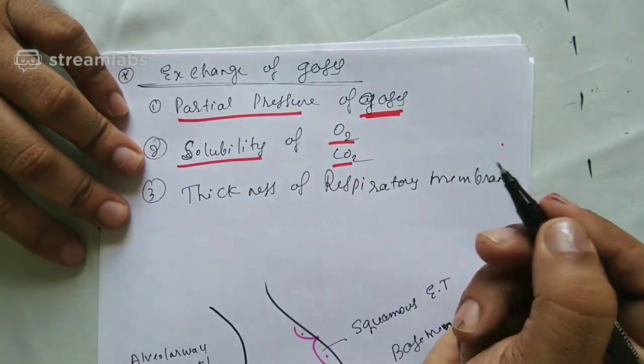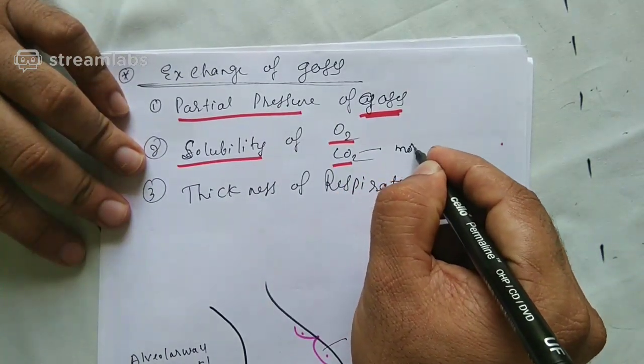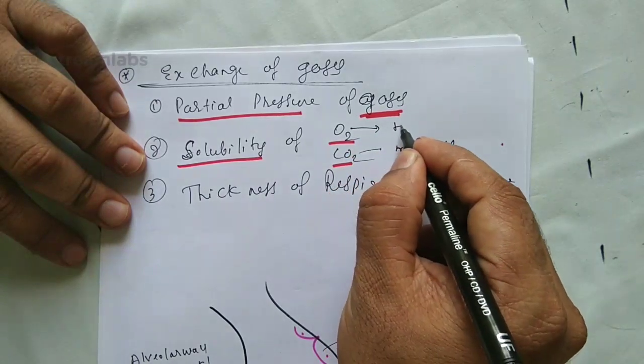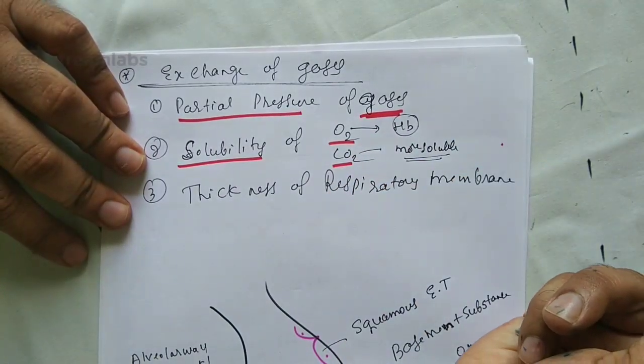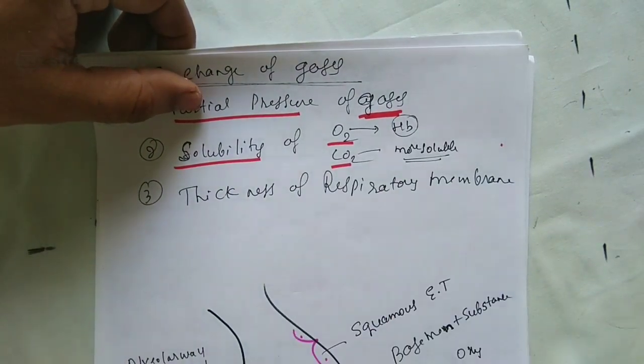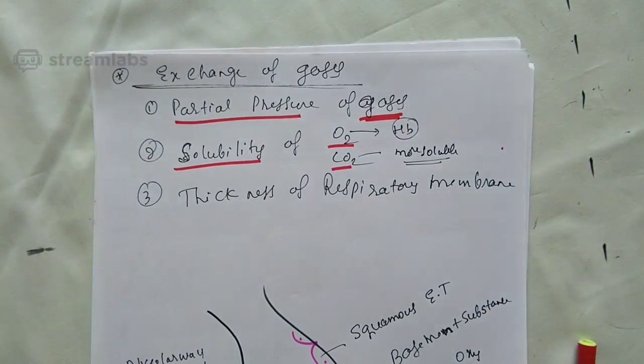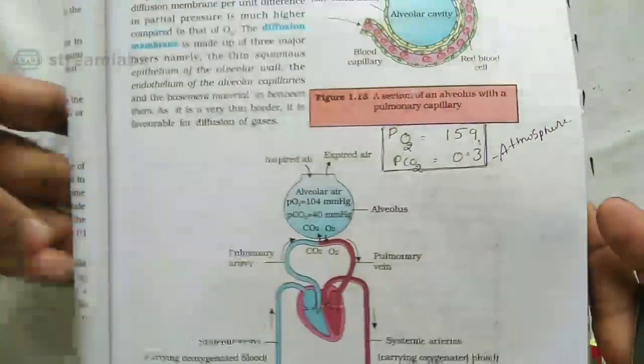Among oxygen and carbon dioxide, which is more soluble? Yes, carbon dioxide is more soluble, so it requires hemoglobin. And thickness of the respiratory membrane, I will discuss a little later, after discussing exchange of gases with the help of a picture.